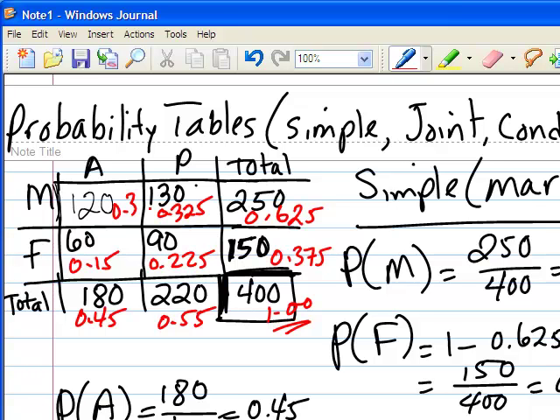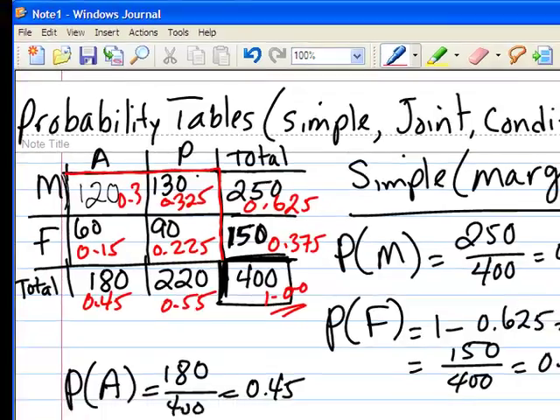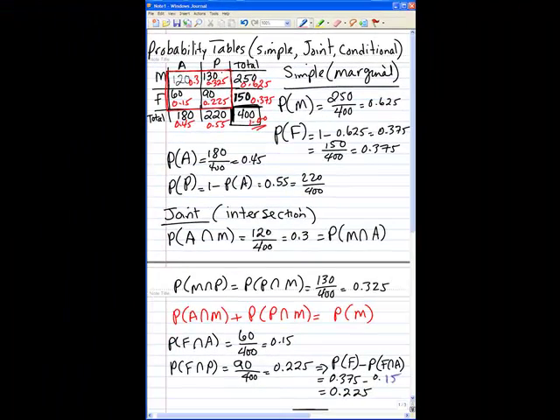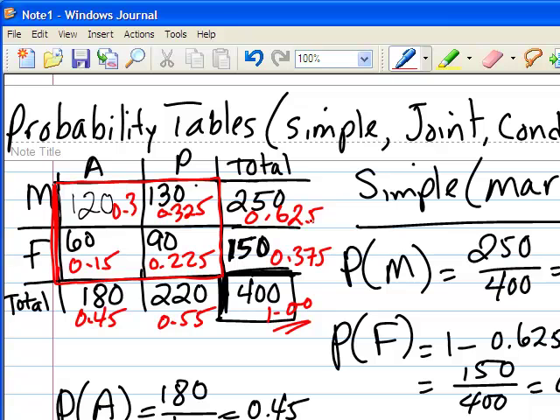And notice that all of the joint probabilities, everything written in here in red, add up to 1. And also notice that the first row, the probabilities add up to the marginal, it's written in the margin of it, 0.625, and similarly with the second row, it adds up to 0.375.